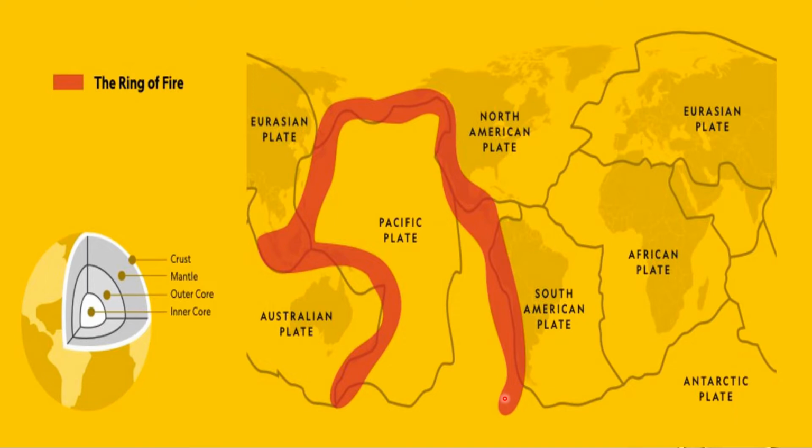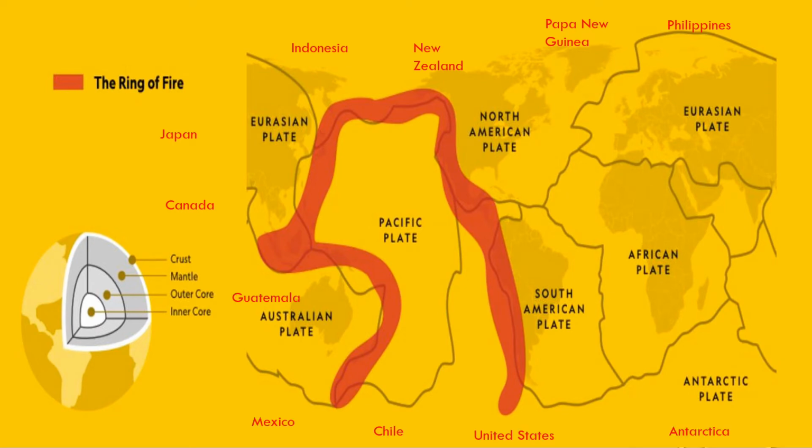They are Indonesia, New Zealand, Papua New Guinea, Philippines, Japan, Canada, Guatemala, Mexico, Chile, United States, Antarctica, Solomon Islands, Peru, and Russia. Just to let you know, I haven't arranged them based on continent. I thought I would just put across the countries so that we're all at least aware of what countries are along the Ring of Fire.